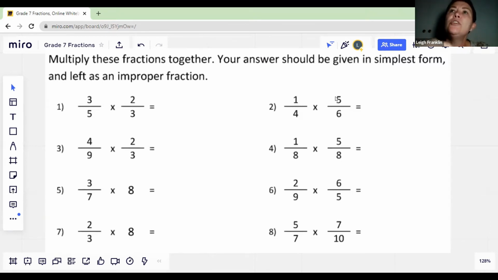But what we like to do in maths is always give our answers in the simplest form possible. So let's say you end up with an answer like 5 over 10. 5 over 10 is a half, isn't it? It really is. But your teacher will expect you to be able to simplify it to 1 over 2.